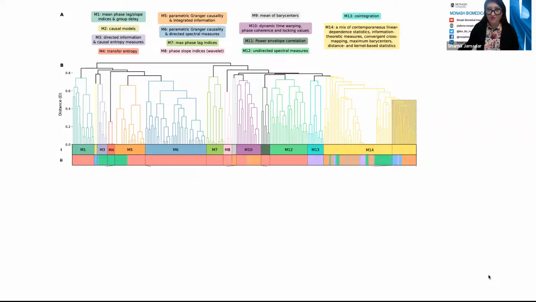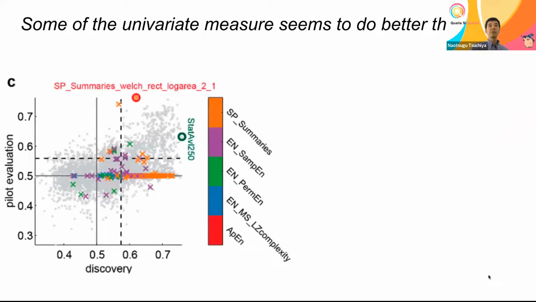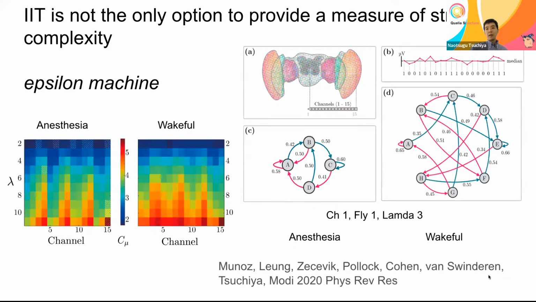Okay. William has a follow-up question, which is quite related to what you were just talking about. Regarding the difference between consciousness and attention, wouldn't it imply that all animals that are awake are also conscious? Yeah, if you define it that way, I would say that's the case. In fact, I skipped this part of the talk, but the data that we have been analyzing quite extensively is coming from flies.